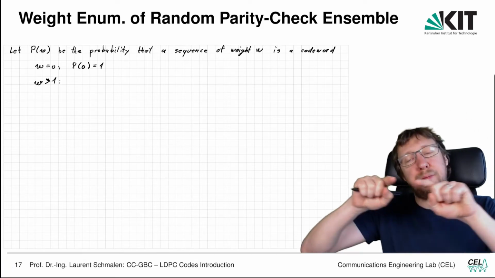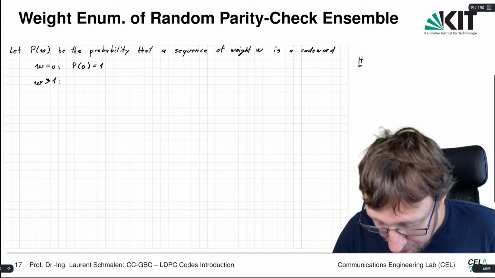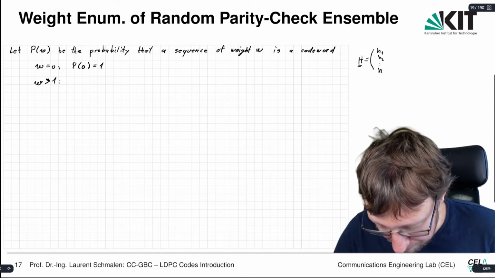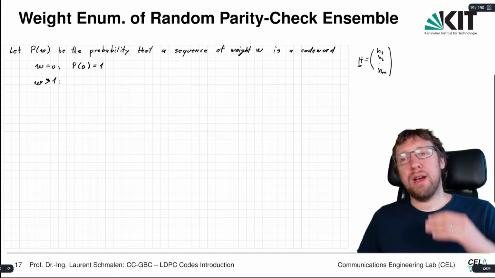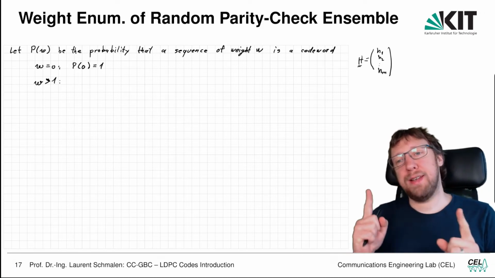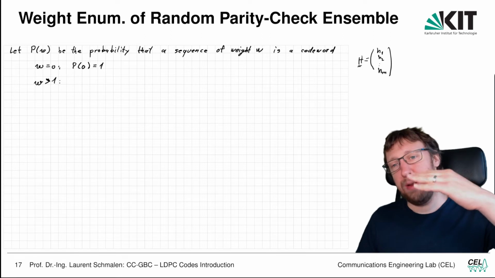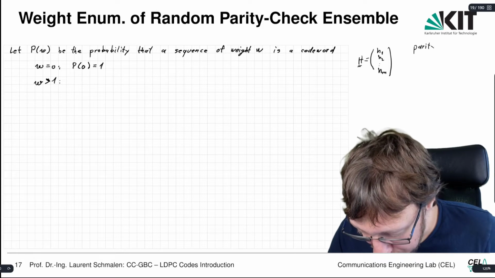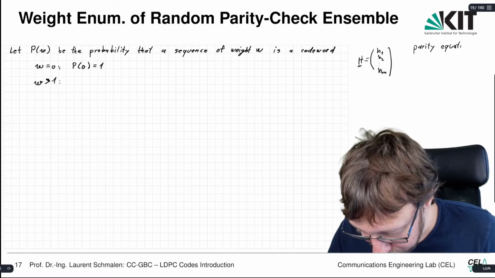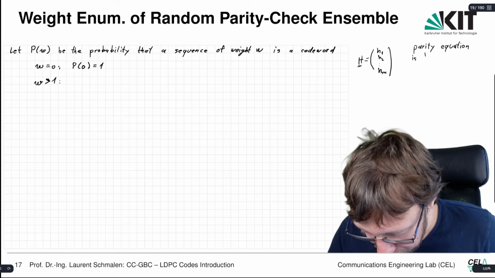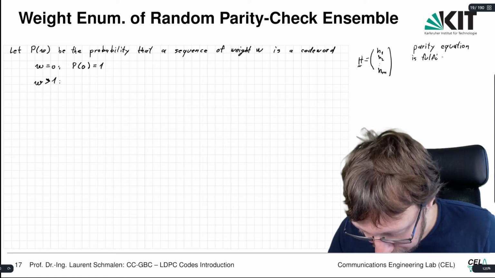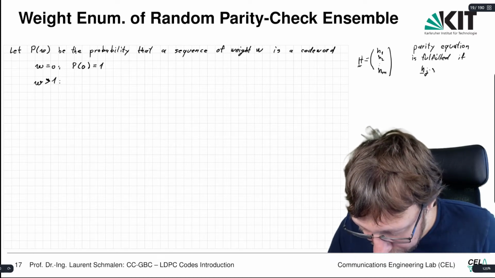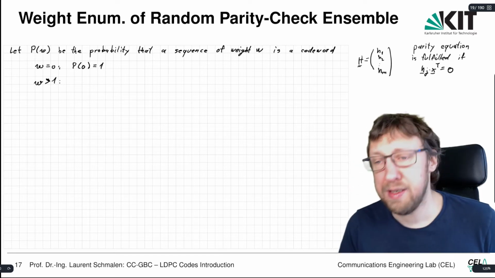Now we're looking at the parity-check matrix H, and H is composed of parity-check equations H_1, H_2, up to H_m. And now we ask ourselves the question, what is the probability that this sequence fulfills the first parity-check equation? Meaning, the parity equation is fulfilled if H_j times x transposed is equal to 0.